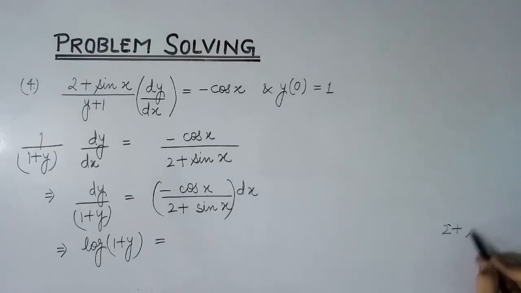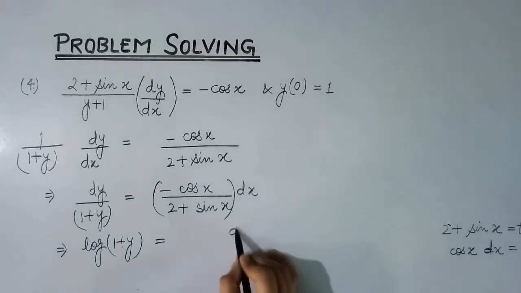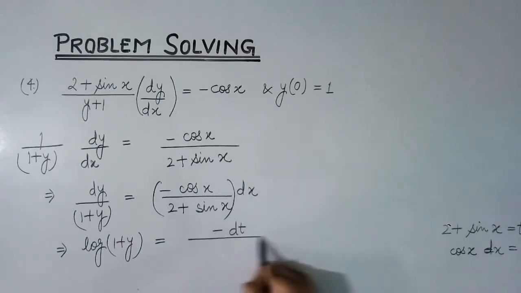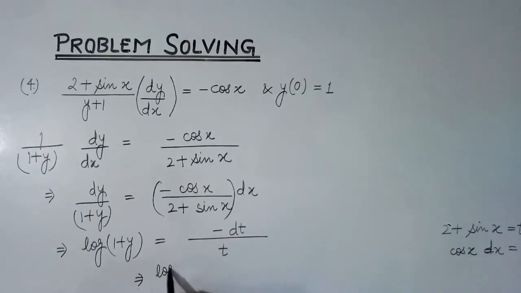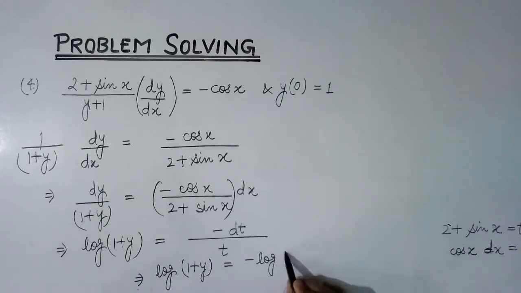You can solve it like this. You can take 2 plus sin x equal to t and on differentiating, this will give, okay, so replace this value by dt. So this will give minus dt upon t. Minus log t.